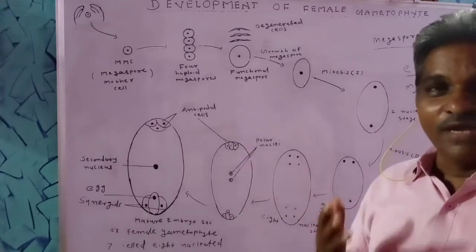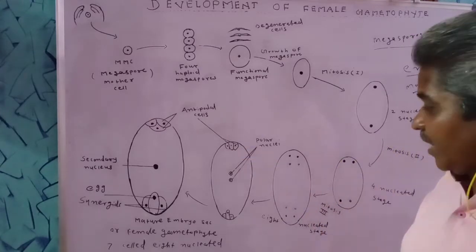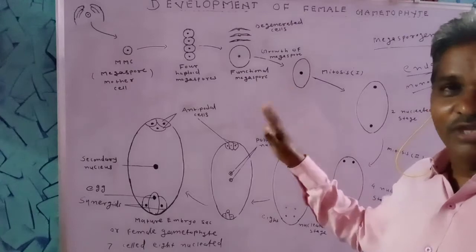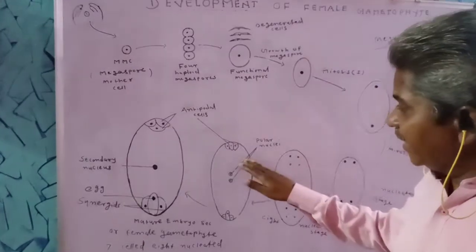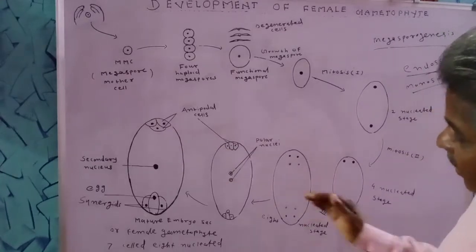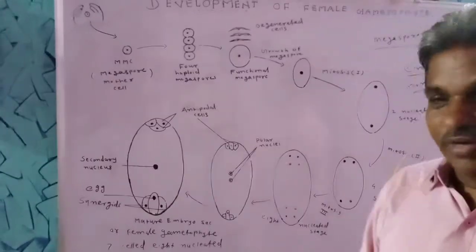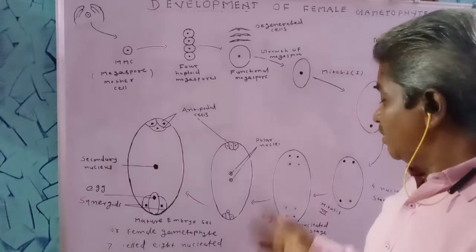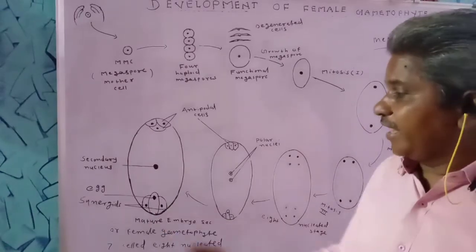What about the other 6 nuclei? 3 nuclei towards the chalazal end form antipodal cells, while the remaining 3 nuclei towards the micropylar end are organized to form the egg apparatus.